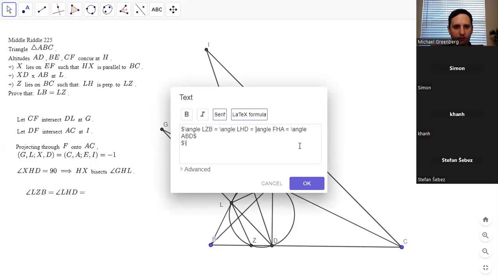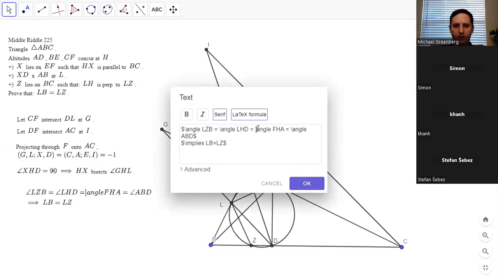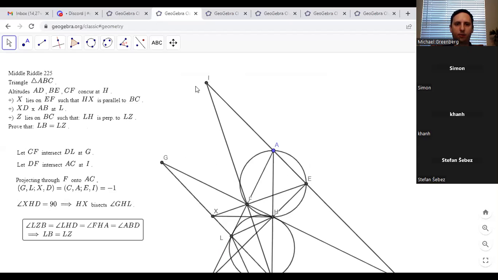And that means that LB is equal to LZ. Angle LZB is angle ABD, so that's isosceles. All right, so I'll move on to the next one. This one was a little bit easier. You just project and then it solves it pretty quickly.